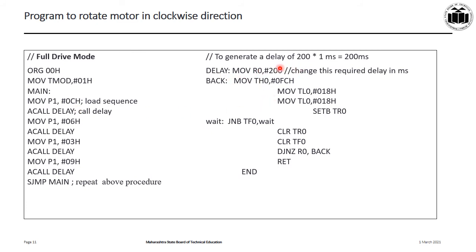This is the delay to generate 200 milliseconds. In case delay is reduced, the speed of motor will increase. So this is the delay program to set the speed of the motor.